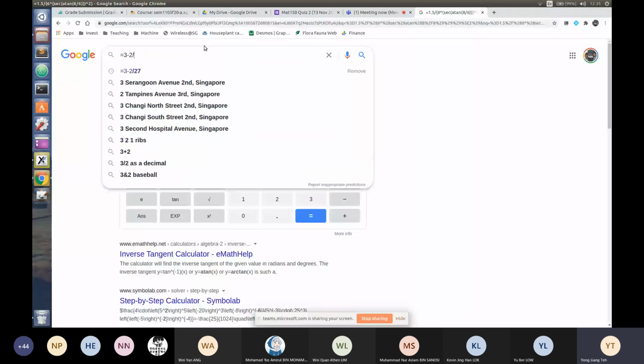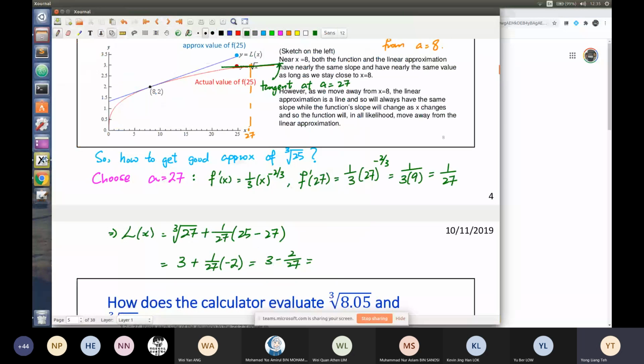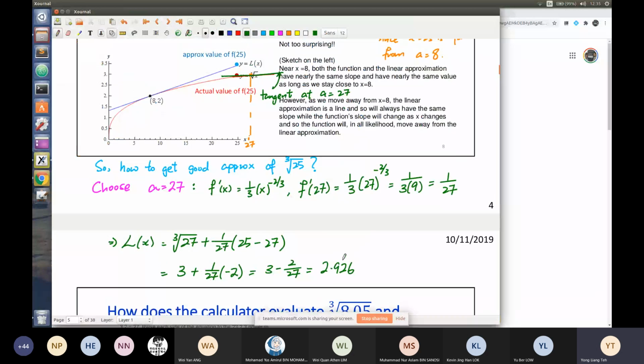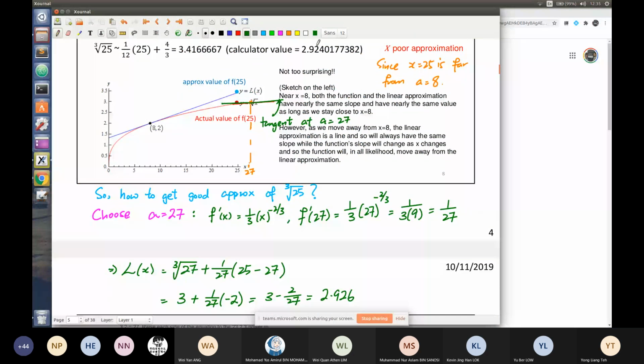So you get 2.926. I'm just going to cut off at the third decimal point. Isn't this 2.926 very close to the actual value at 2.924? Observe that.